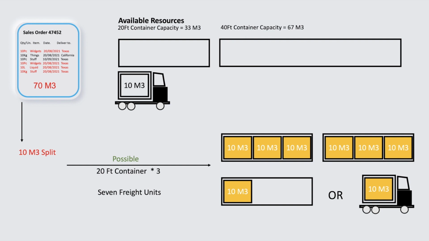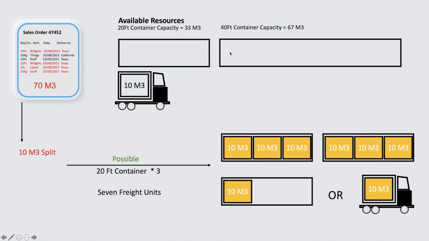And whereas in the previous example, depending on the split quantity, I ended up with 2 or 3 freight units, we can see that in this scenario, I would essentially split those 70 cubic meters into 7 10 cubic meter freight units. So the upside here is that all of a sudden I have a lot more flexibility in terms of being able to leverage all the transportation resources that I have.